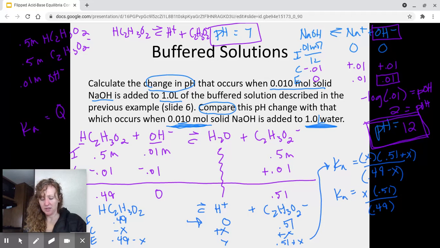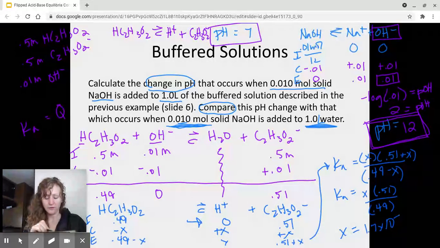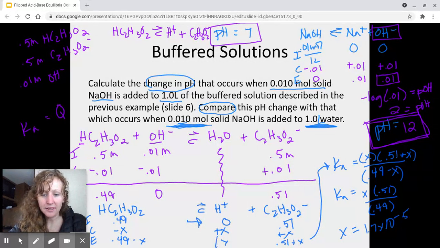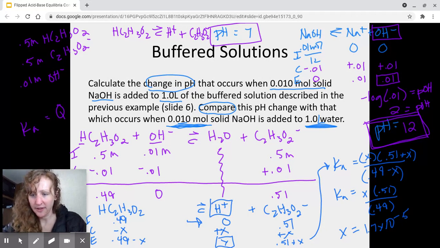So times 0.49 divided by 0.51, I get an X that is equal to 1.7 times 10 to the negative 5. Okay, remember X is my hydrogen concentration, so I can take my negative log of that, and the pH is 4.76.